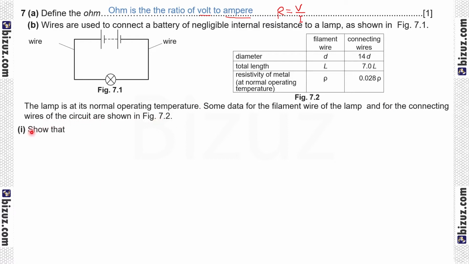Question number B1. Show that the ratio of the resistance of filament wire to the total resistance of the connecting wire is 1000.